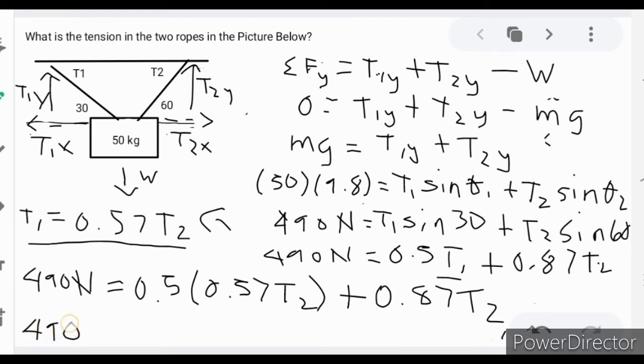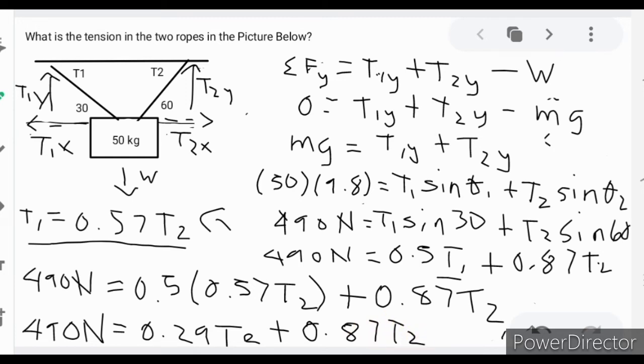We have 490 Newton is equal to 0.5 times 0.57 is equal to 0.29 T sub 2 plus 0.87 T sub 2.